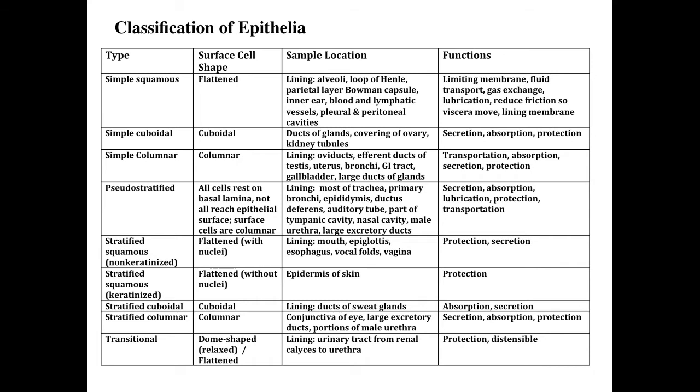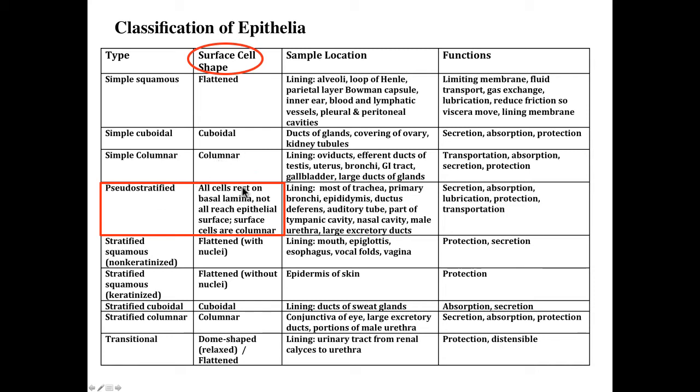Here is a table that I'd like you to look at in some detail to look at the various classifications of epithelium. I'm not going to go over it all. You can read this from your notes, but remember that you can classify epithelium by the shape of the surface cell, whether it's flattened, so squamous, whether it's cuboidal, or whether it's columnar. You can talk about epithelium as pseudostratified.